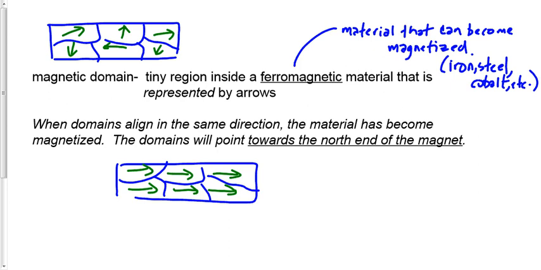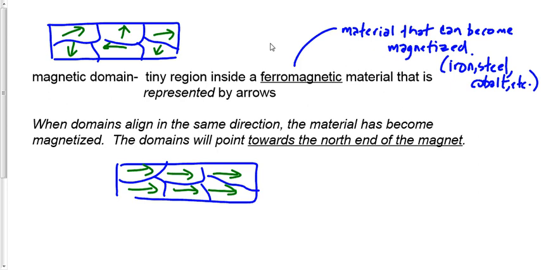Either a permanent magnet, something that remains, or a temporary magnet, like your fridge door becomes when you put a magnet on it. Like when you put your little brother or sister's artwork on the fridge door with a magnet, the fridge becomes a temporary magnet with the domains in the steel of that fridge front temporarily aligned like this.